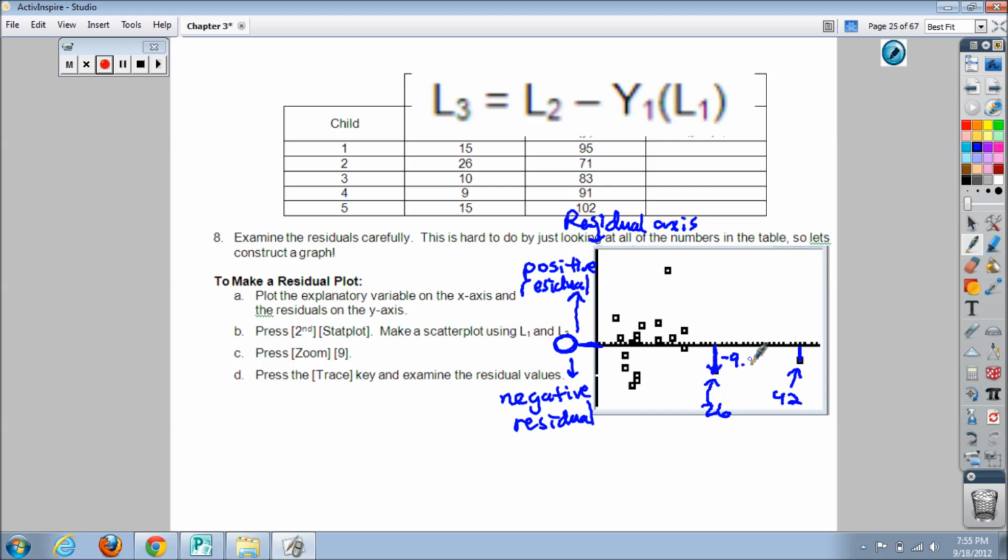That's that negative 9.5, I think it was 9.8, I don't remember, negative 9.5 something. That's how you would graph that particular point. Okay, and you would have to do that for all the residuals if you were going to do it by hand. All right, or the calculator is going to plot them all for you.